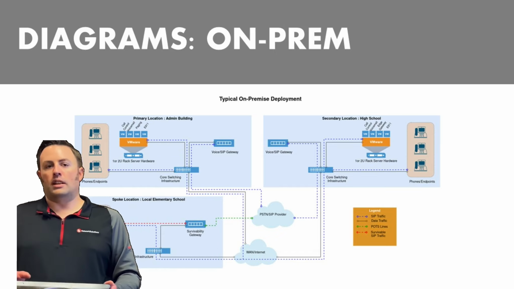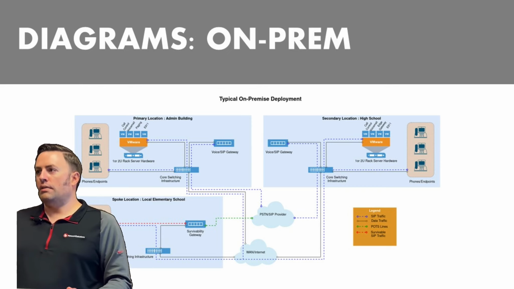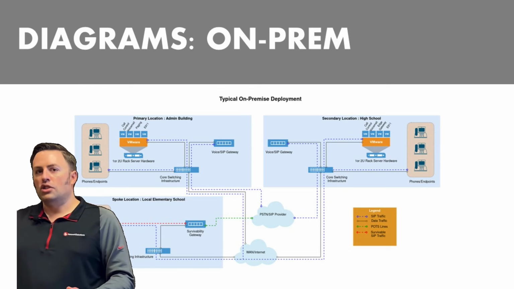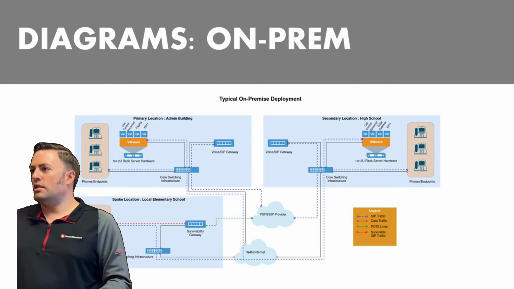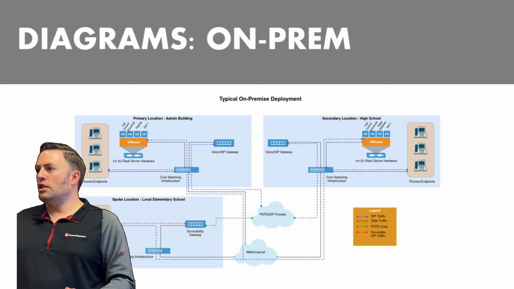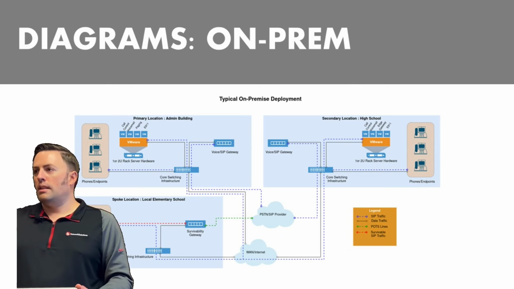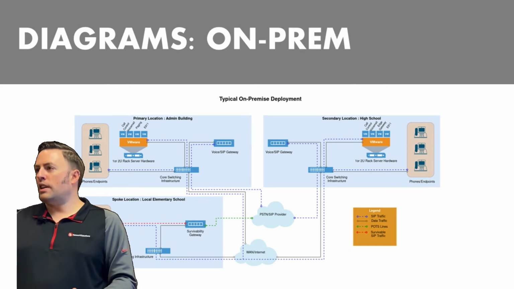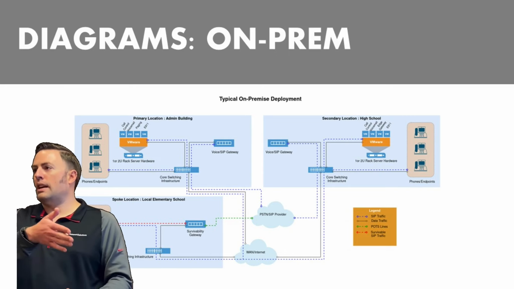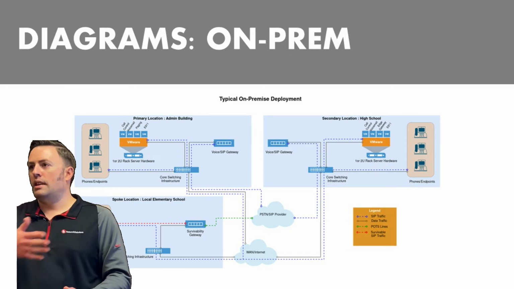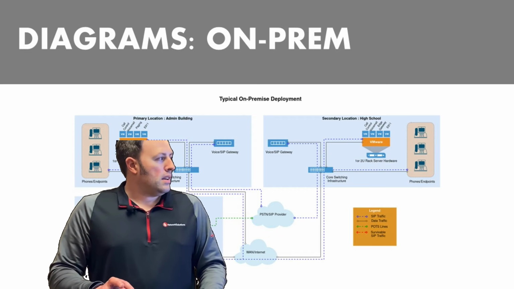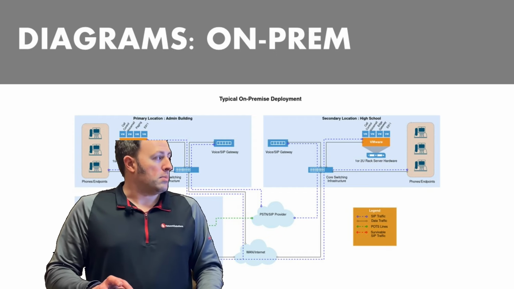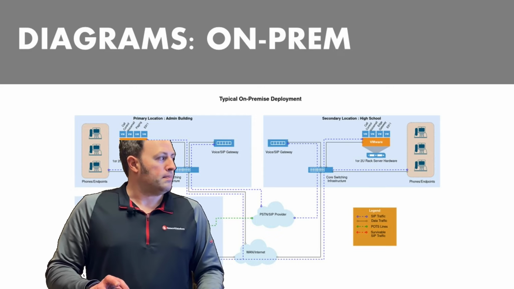A cluster allows for load balancing and failover. So if you have two call control nodes, they both have the ability to sustain the phone system. When everything is good and there are no problems, half of that is providing service to half the phones, half of that is providing service to the other half, and you've got load balancing as well. The same can be done with voicemail, paging, E911.